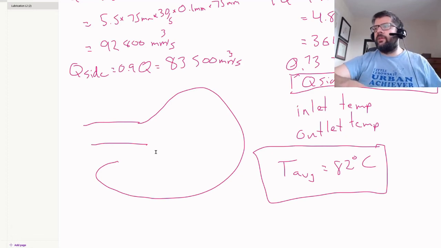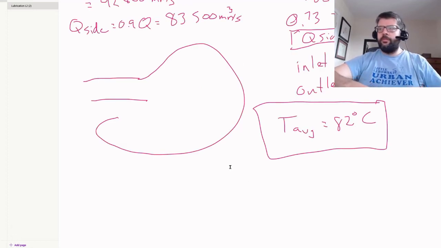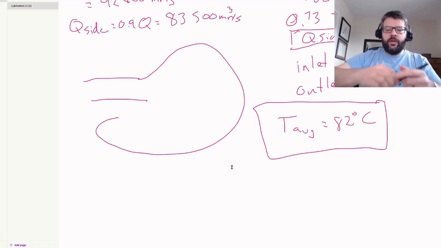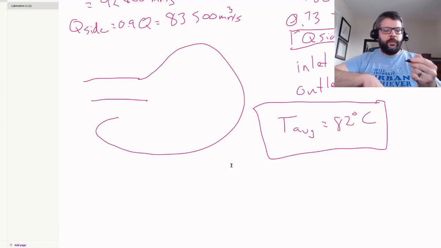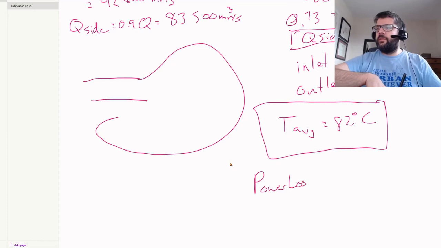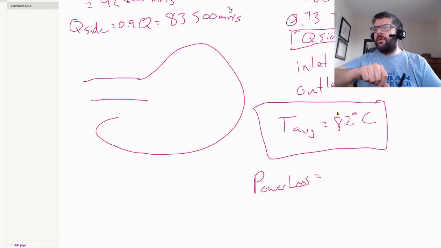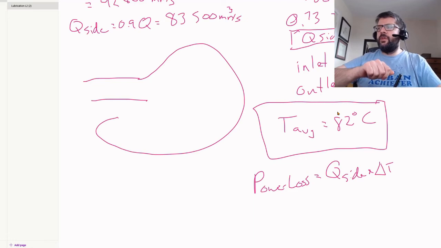So the power loss is going to be equal to the side flow times the temperature change times the specific heat capacity.